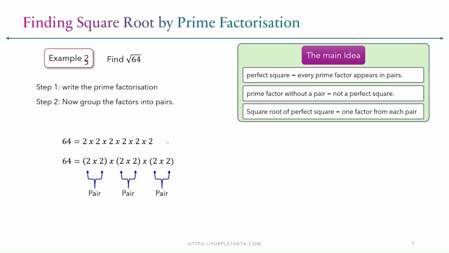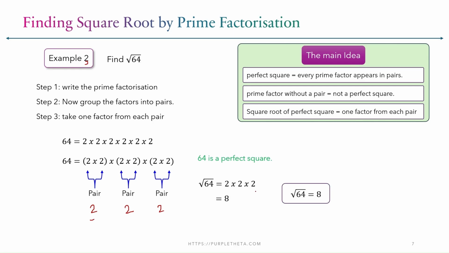Since every prime factor is paired, 64 is a perfect square, right? And to find its square root, take one factor from each pair. This is our step number 3. So the square root of 64 is 2 multiplied by 2 multiplied by 2. From the first pair I have taken 2, from the second pair also 2, and from the third pair also 2. So 2 from each of the three pairs are multiplied together to get the square root of 64. 2 multiplied 3 times is 8. So the square root of 64 is 8.